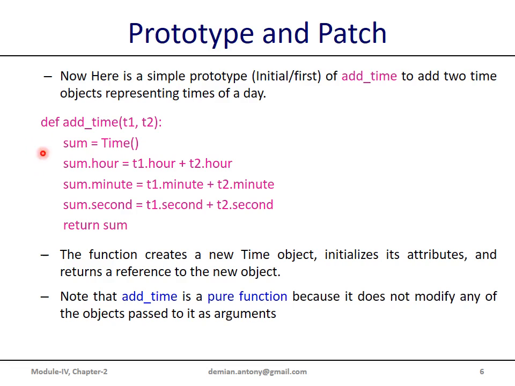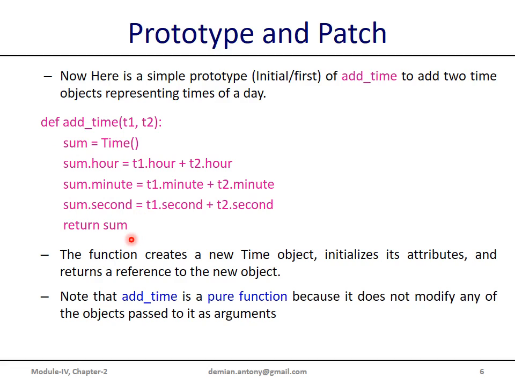The function definition goes like this. add_time is the function name to add two time objects. These are the parameters t1 and t2, time objects. We create a new time object and then we assign the hour of the first plus the hour of the second to the hour of the new time object. Similarly, we do it for the minutes and we add the seconds, and finally we return sum.